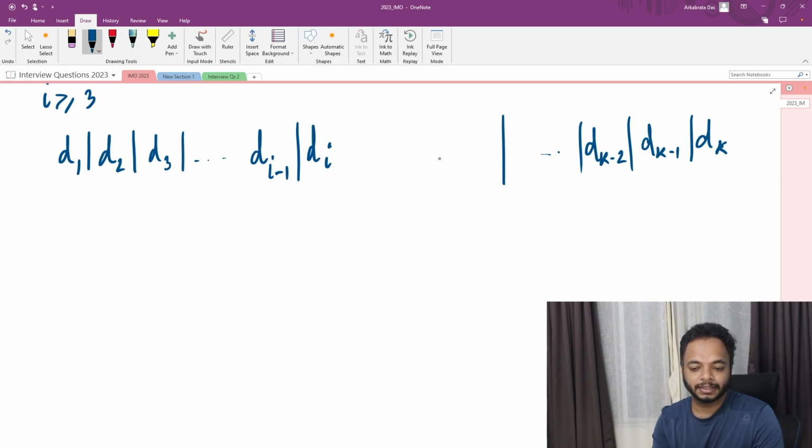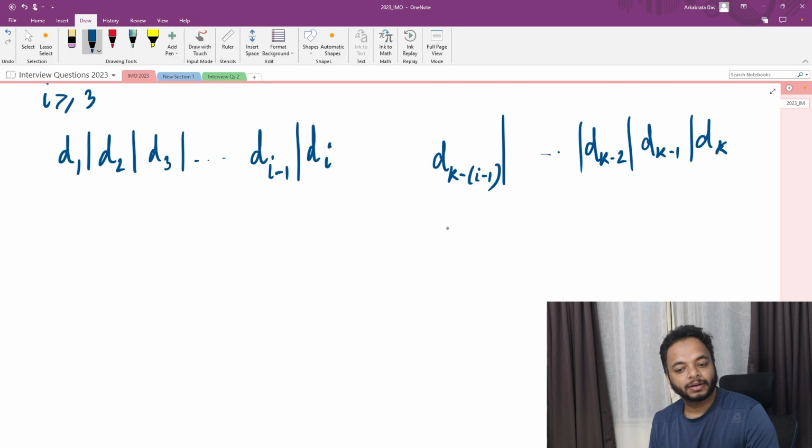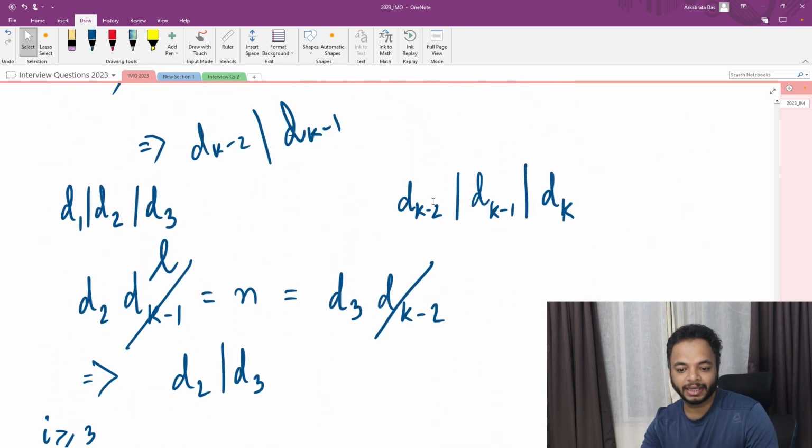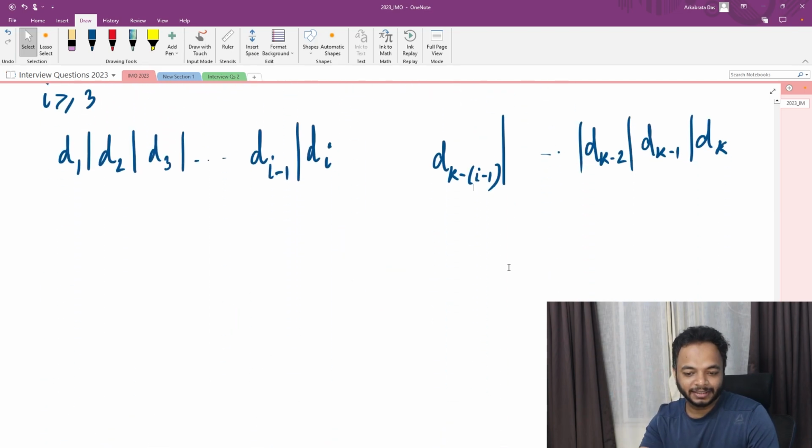So the last one will be d(k-(i-1)), which is basically d(k-i+1). Try to understand the pattern there also: if 3 is i, then we have d(k-3), with 3 minus 1 in brackets. Okay, so that's the thing.